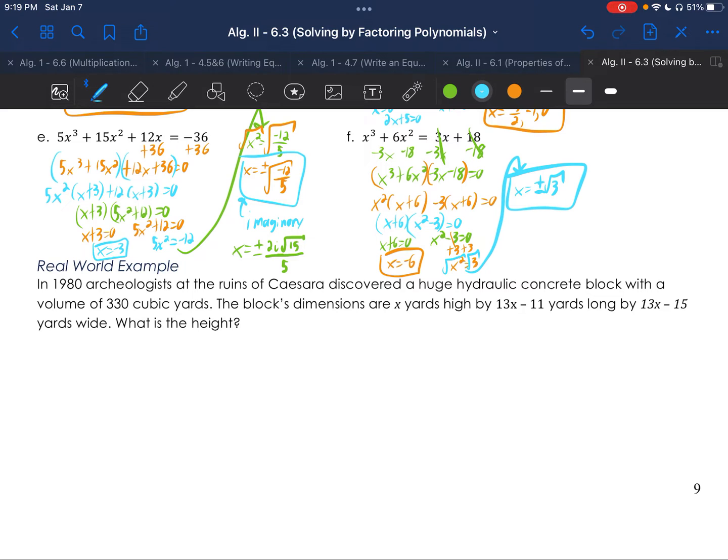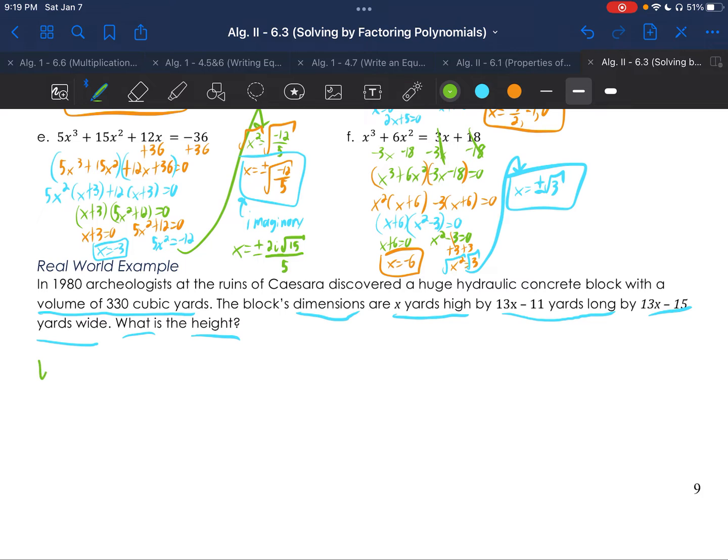What's the height? Well, good rule of thumb is always to underline or highlight, somehow pull out key information. Key information is that it has a volume of 330 cubic yards, and the dimensions are x yards high, 13x minus 11 yards long, and 13x minus 15 yards wide, and that we want to know the height.